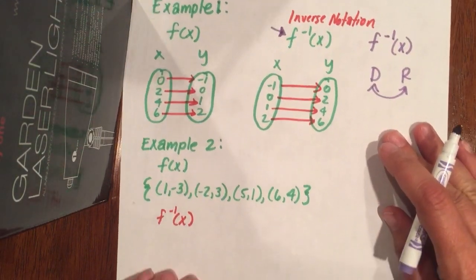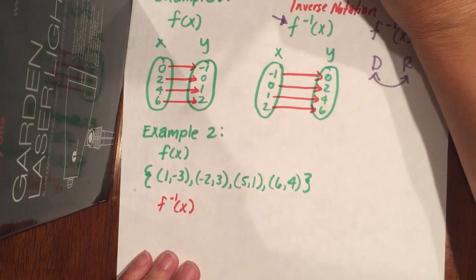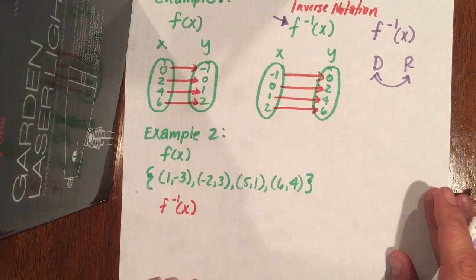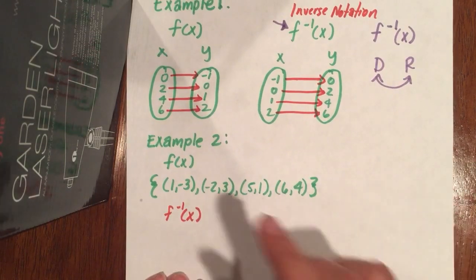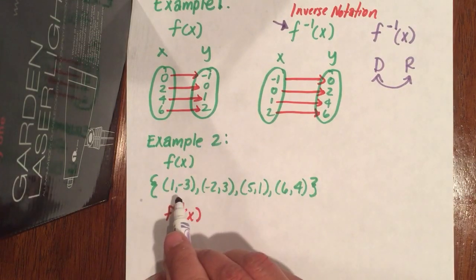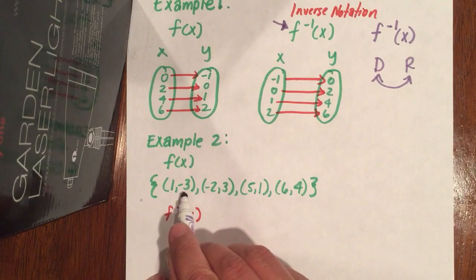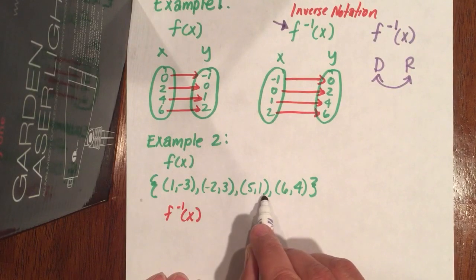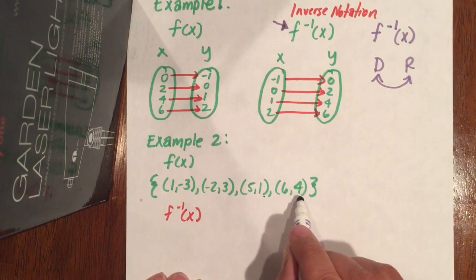So let's look at another example here, and we'll look at this in terms of a list of points instead of using a table. I've got this function here, f of x, and it contains the points (1, -3), (-2, 3), (5, 1), and (6, 4).